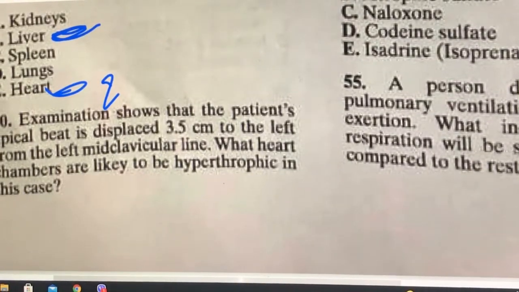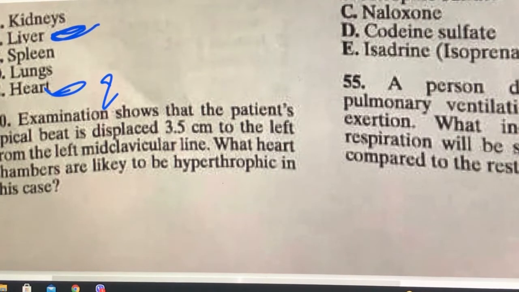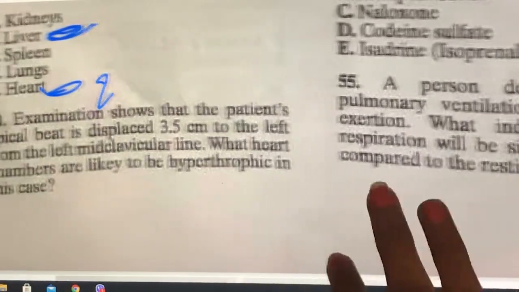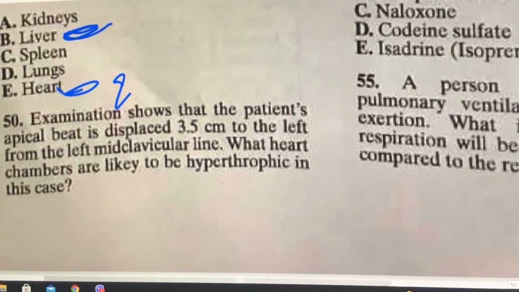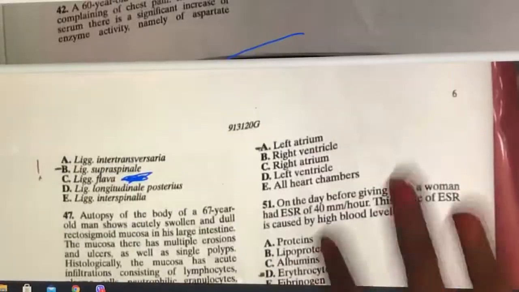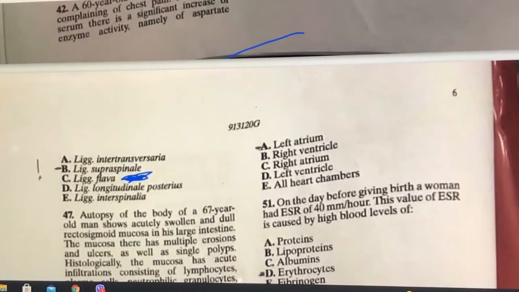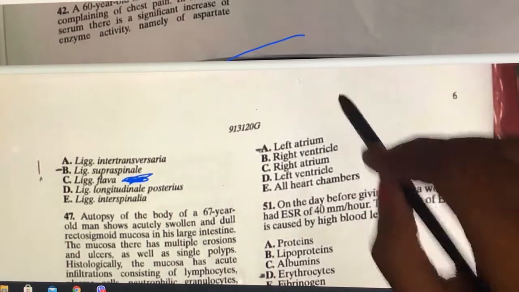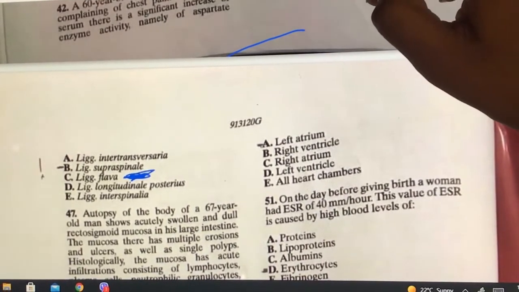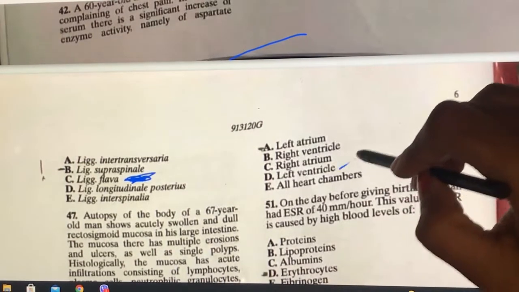Here it's given that the apical beat is displaced 3.5 cm to the left from the mid-clavicular line. This displacement is because of the hypertrophy of, easily we can see in the options, two options are left: left atrium and left ventricle. So the answer is left ventricle because it's in the apical position.